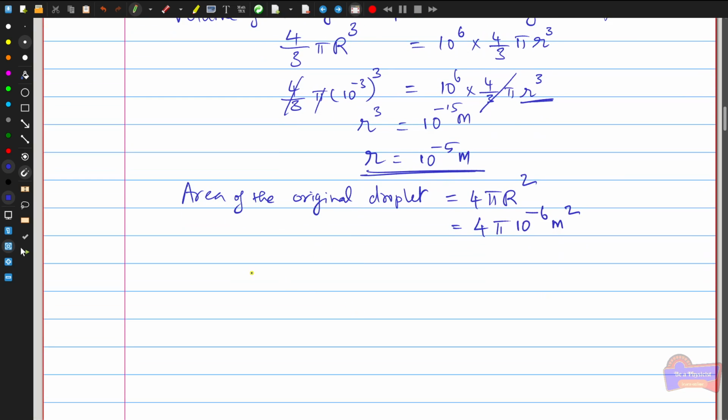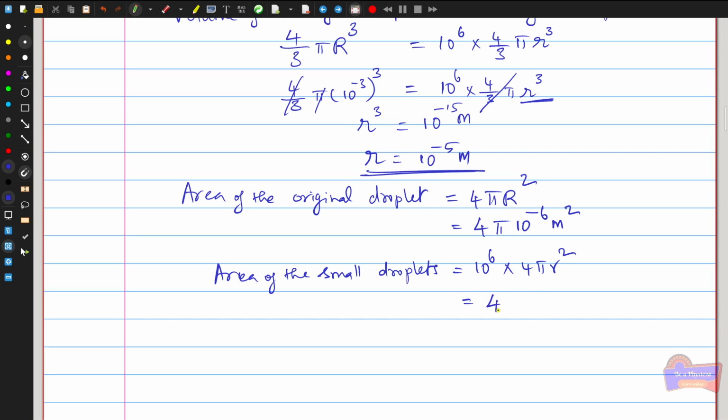Similarly, the area of the small droplets is 10 to the power of 6 times 4 pi small r squared, which is equal to 4 pi times 10 to the power minus 4 meter squared.